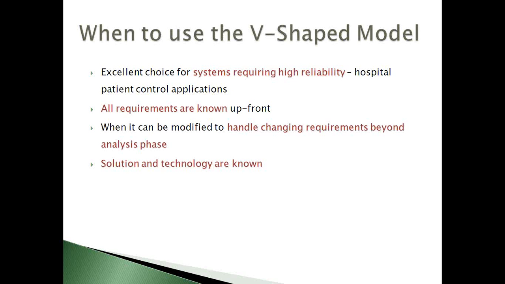And also once you have a clear and well understood solution and the technology which we are going to use for the project. So these are the different scenarios when we are going to use this V-shaped model.